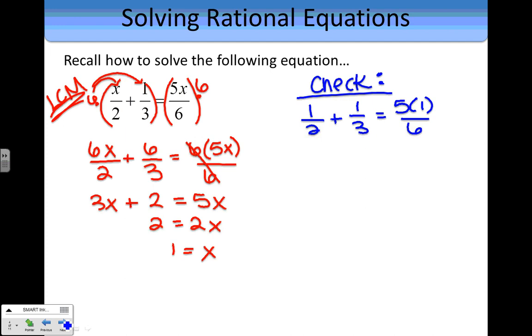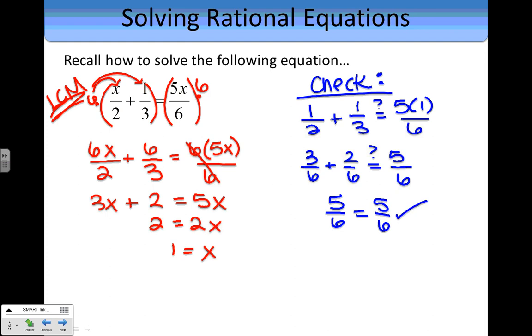So I need a common denominator to add those fractions. So 3/6 plus 2/6, does that equal 5/6? Okay, so 3/6 plus 2/6 is 5/6. That equals 5/6. So we did that right. So my answer, x equals 1.